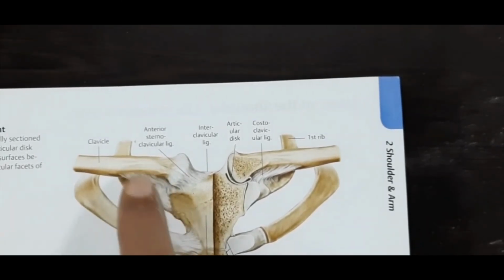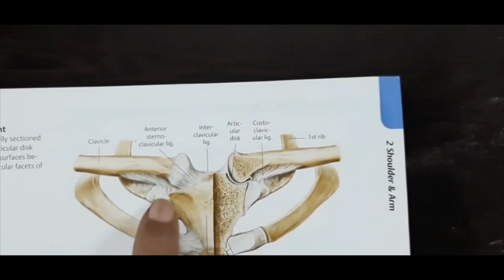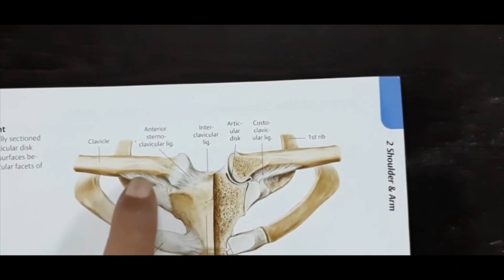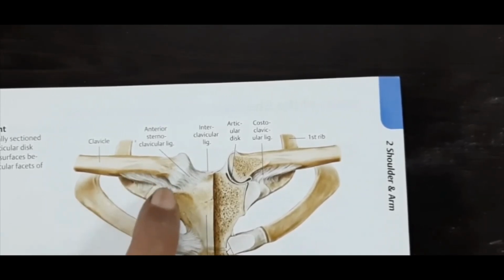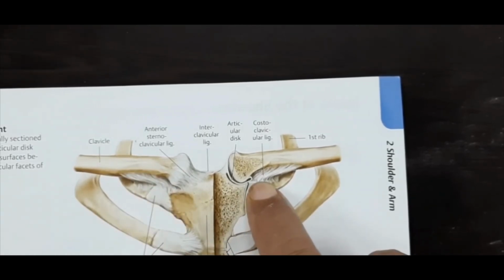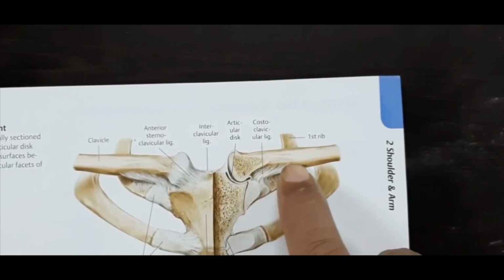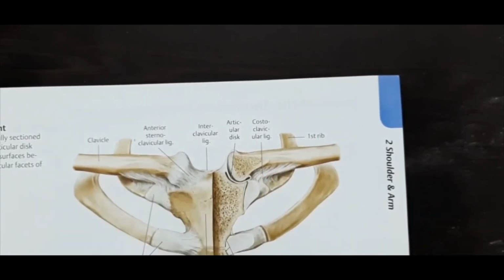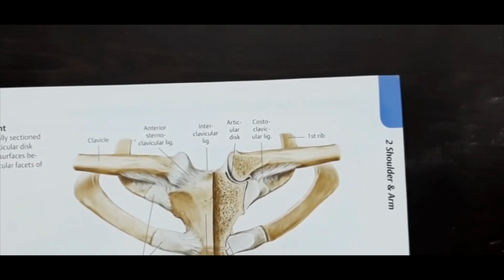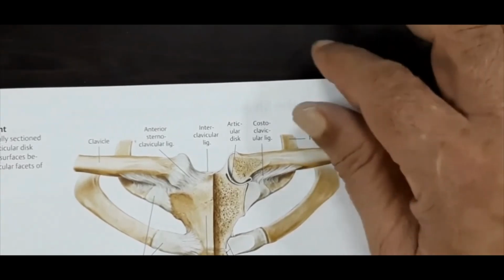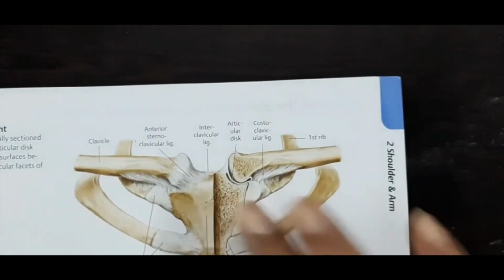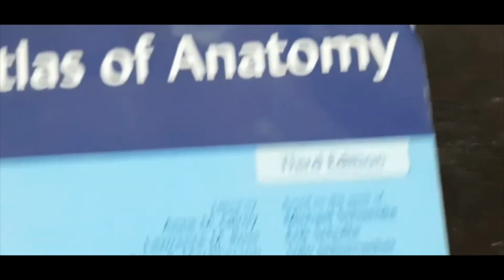And here you can also see the costoclavicular ligament on the undersurface of the medial end, taking origin from the costal cartilage and the medial end of the first rib. This is again a strong ligament which attaches the medial end of the clavicle to the first rib, its costal cartilage. So these are the attachments of the ligaments.